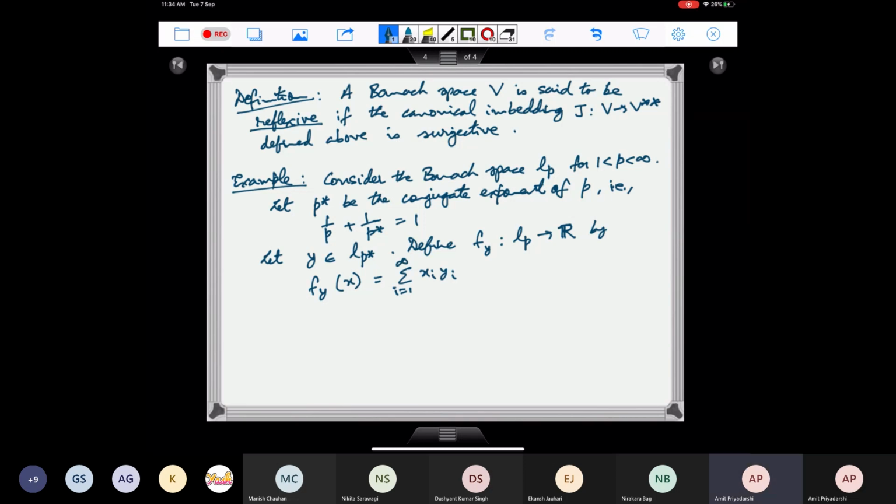So what can you say about this f_y? First of all, f_y is linear. Is it also a bounded functional?